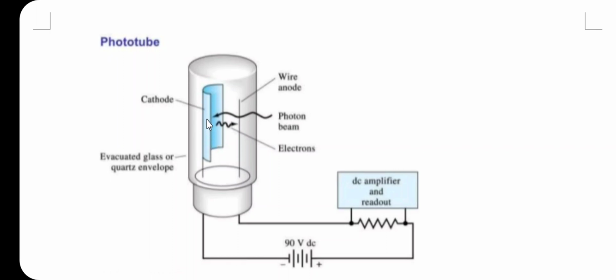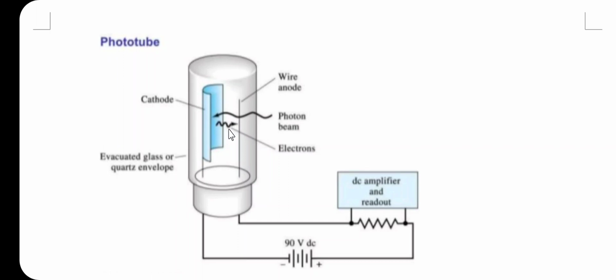So, this is the half cylinder of the metal, and here what is important, the inner surface of the cathode is coated with a light sensitive material such as the oxide of cesium or potassium or silver, that is cesium oxide or potassium oxide or silver oxide. It is coated on the inner side of the half cylindrical metal.